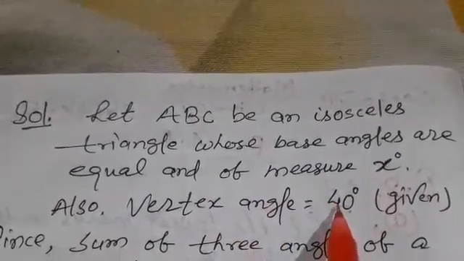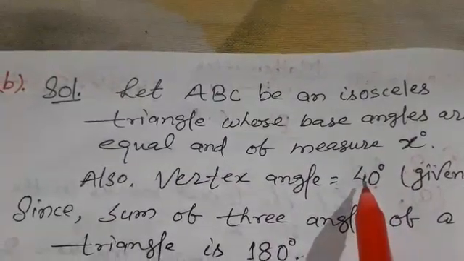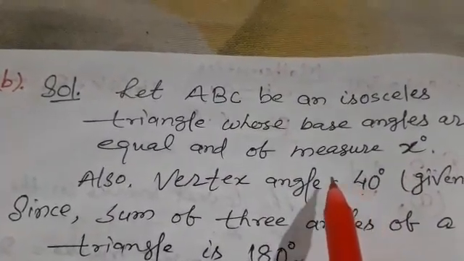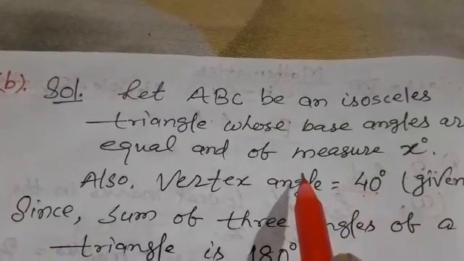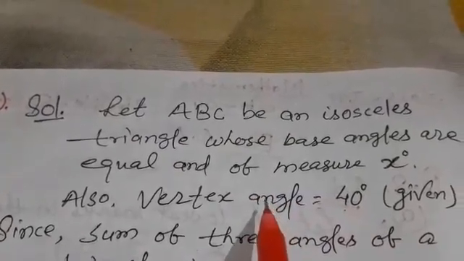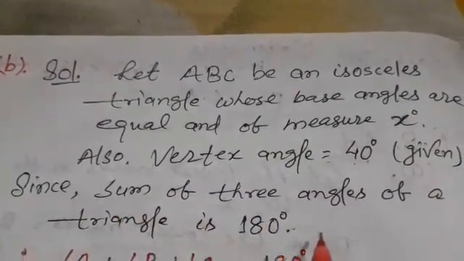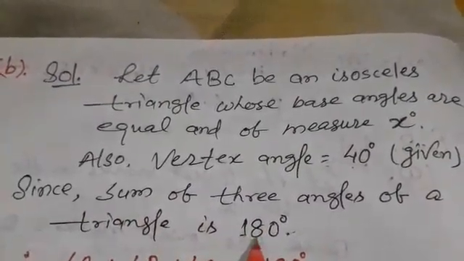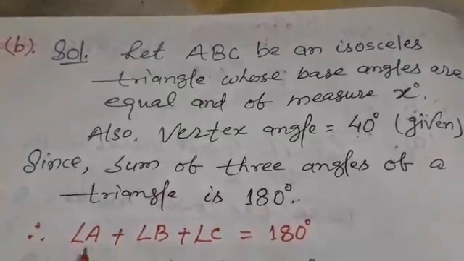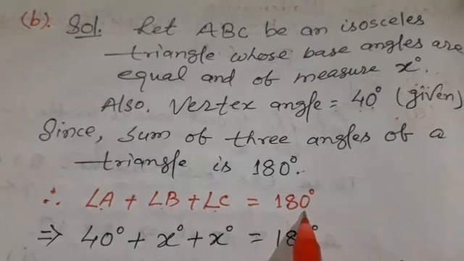This 40 degree vertex angle is given and we take x as the base angle, and we know that two sides of an isosceles triangle are equal and base angles are also equal. And also we know that the sum of three angles of a triangle is 180 degree.